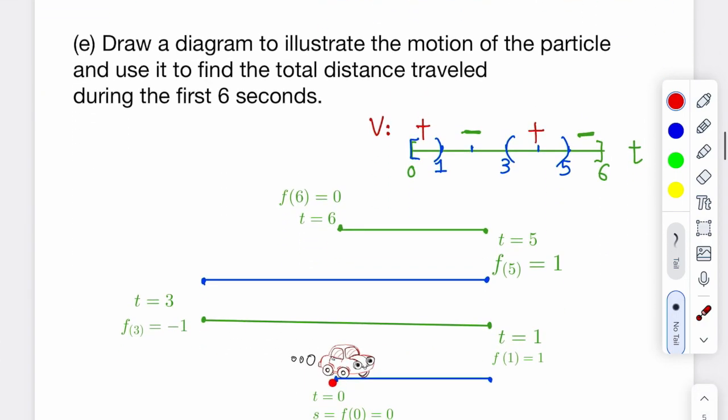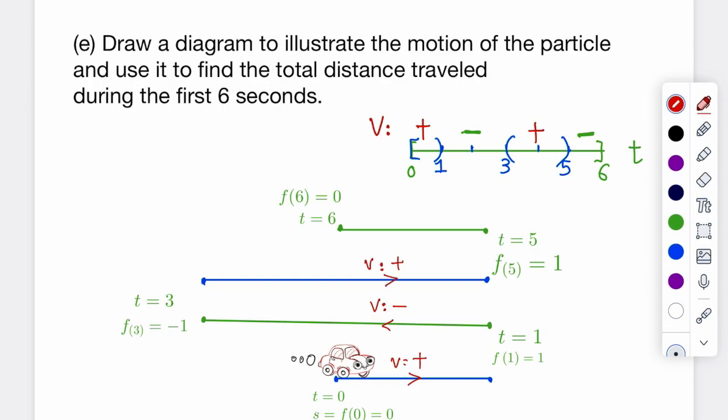Let's define the positive direction as moving to the right. So the particle moves in the positive direction when time is between 0 and 1 second. Afterward, it's going to go backward because you have negative velocity. And then from 3 to 5 seconds, velocity is positive, so it is moving in the positive direction.